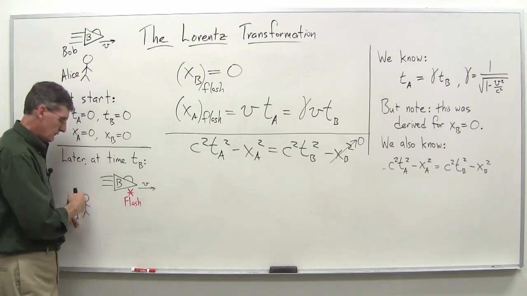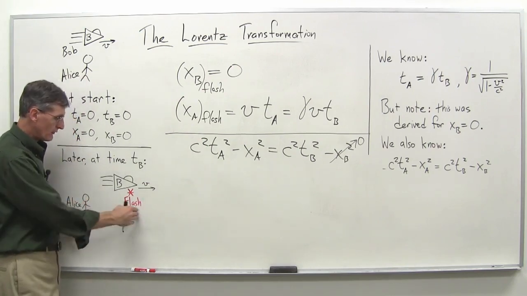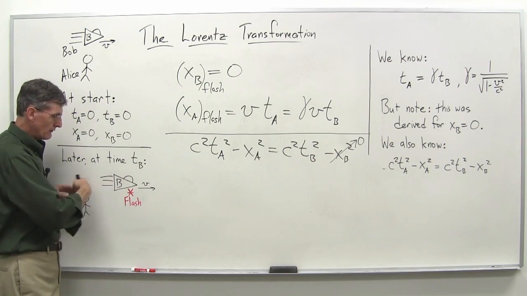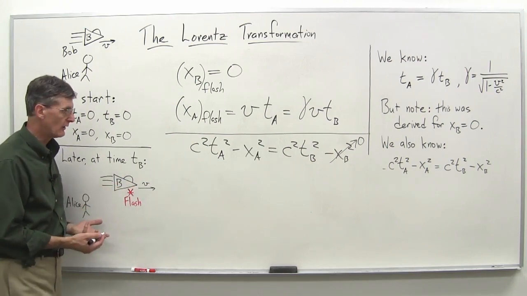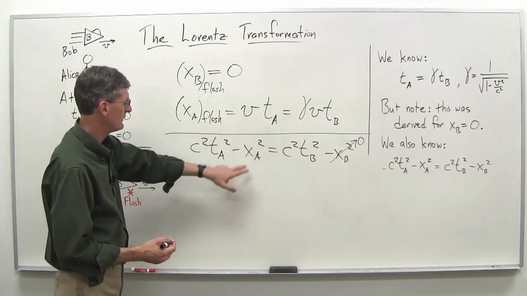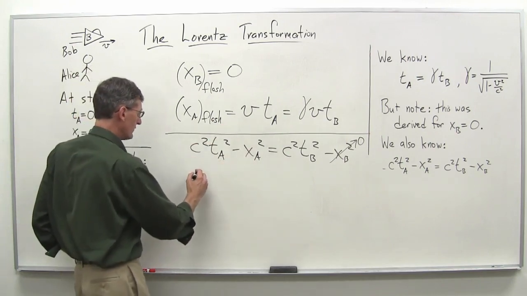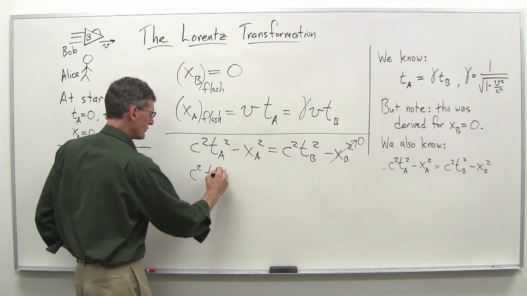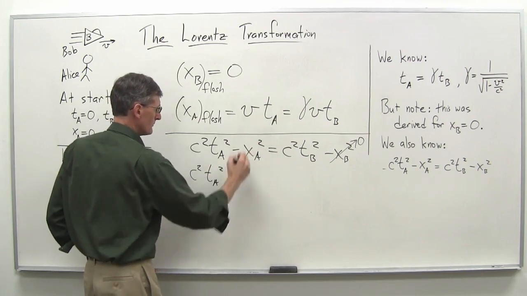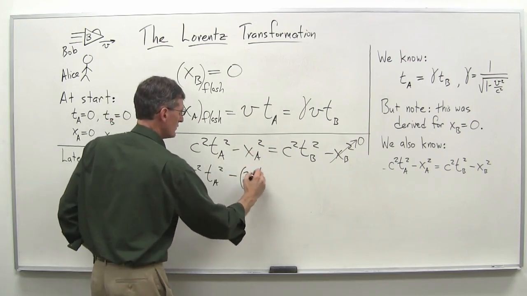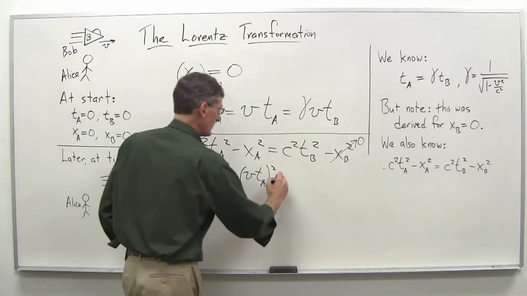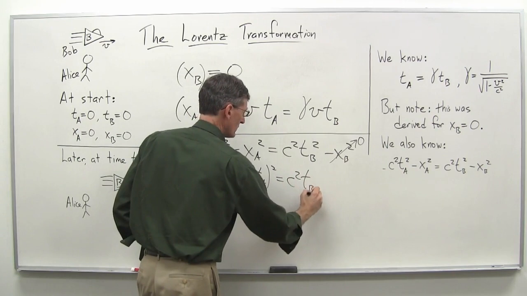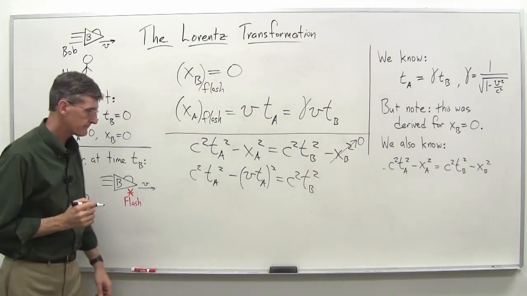Again, that's Alice's distance for the flash, because it's just the velocity of Bob times how much time elapsed on her lattice of clocks. And so let's plug this in here. We're going to get c squared ta squared minus v ta squared, just plugging that in, equals c squared tb squared.